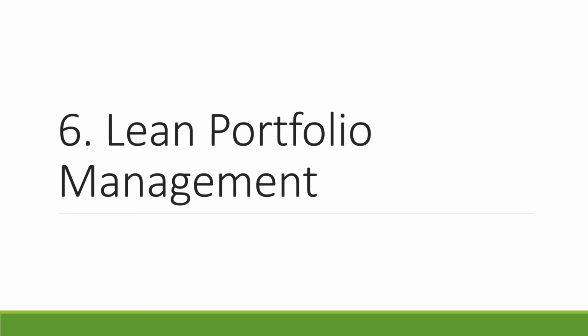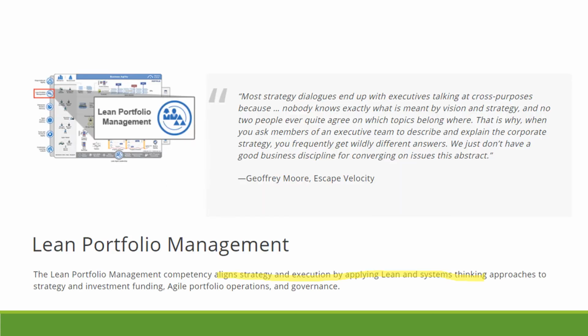The sixth competency is building the lean portfolio management competency, right? So the lean portfolio management competency aligns strategy and execution by applying lean and systems thinking approaches to strategy and investment funding, agile portfolio operations and governance, right? You can build these areas aligned with strategy and execution.